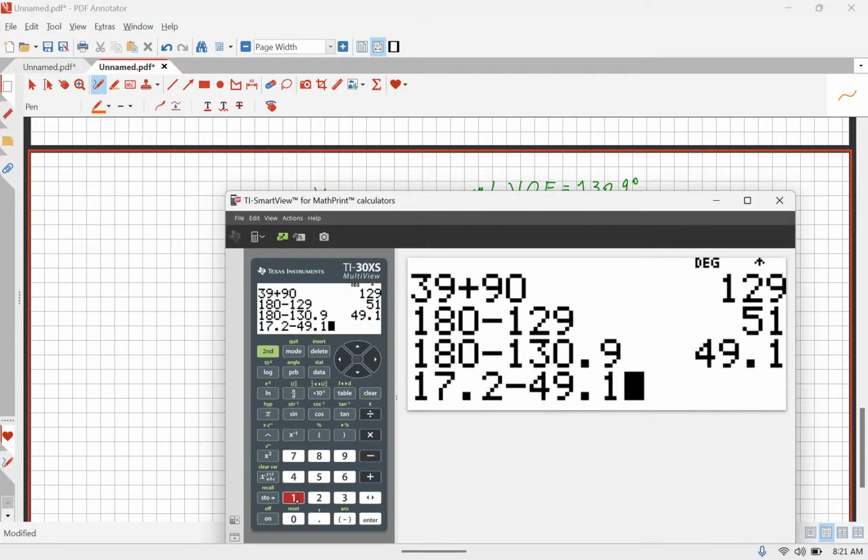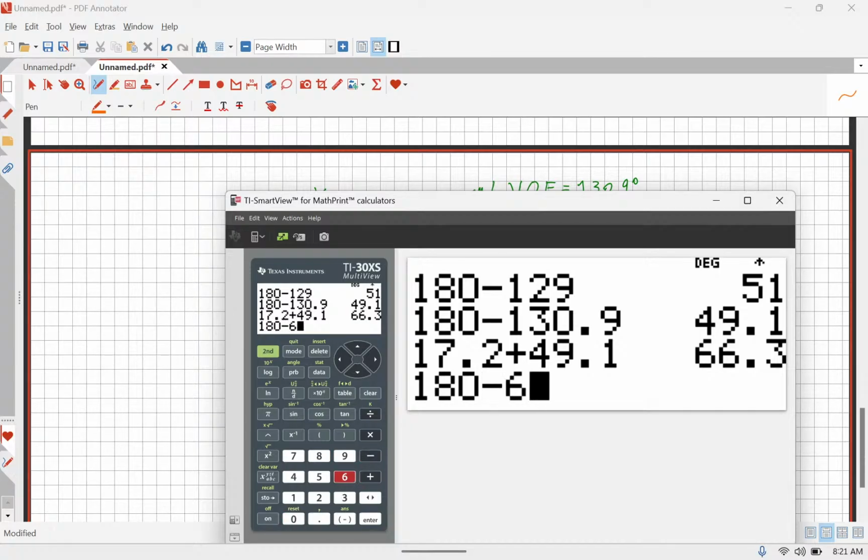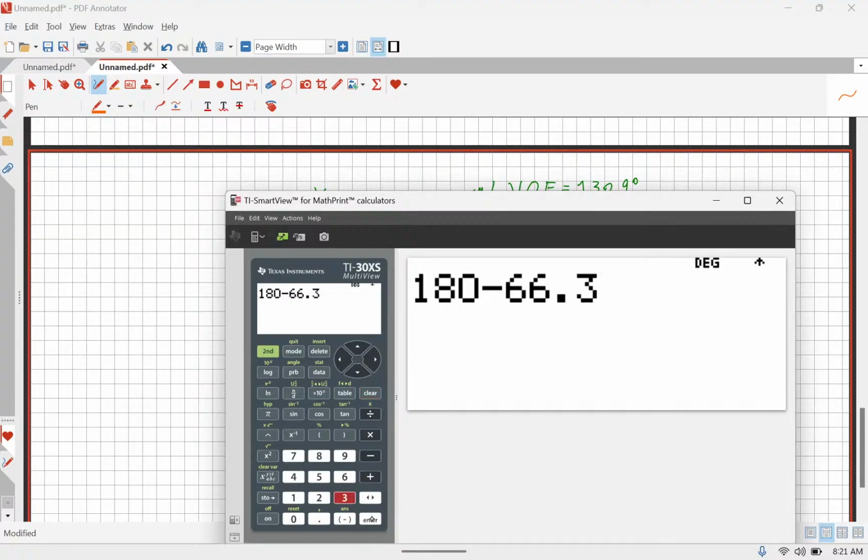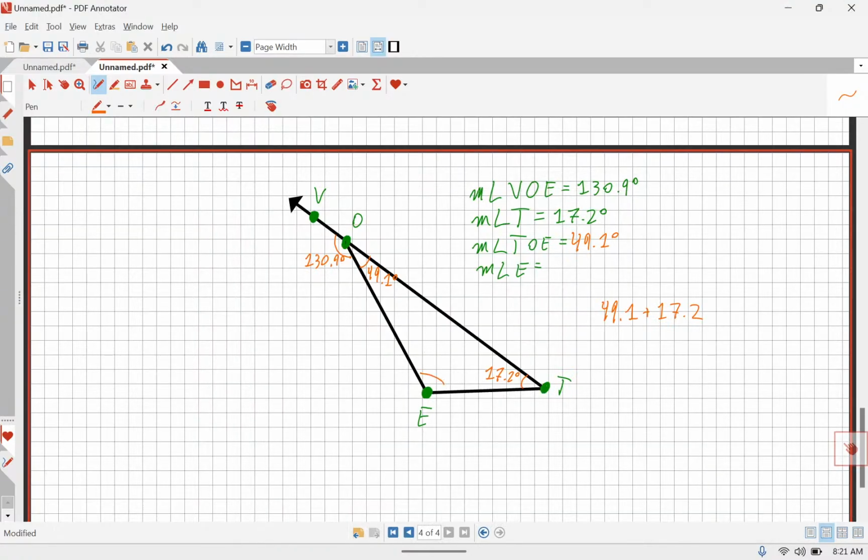I am subtracting them. That is not correct. There we go. And then we do 180 minus 66.3. That's 113.7.